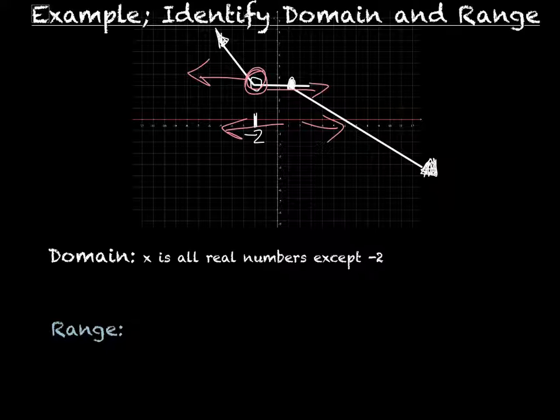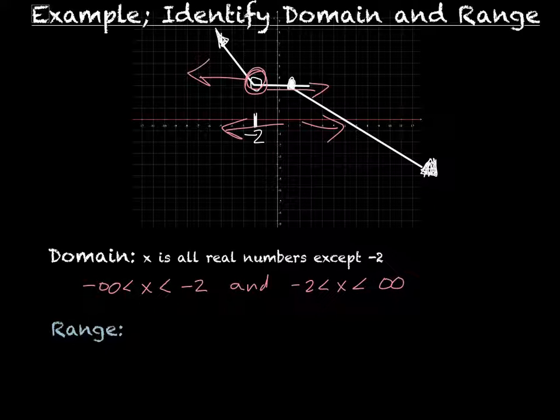So we can write an inequality of negative infinity is less than x, which is less than negative 2, and negative 2 is less than x, which is less than positive infinity.